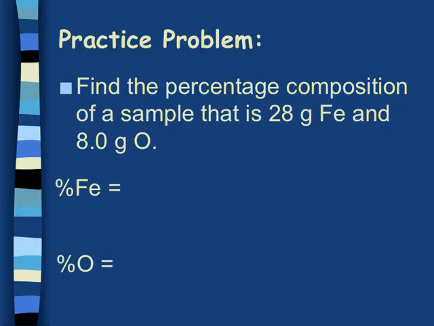I'm still using the same equation, right? If I want percent of iron, I'm going to use the mass of the iron divided by what? The mass of total. So what is the mass of iron? 28. What's the mass total? 36. I add them up. 28 plus 8. It's 36 grams. Times by 100, and what do I get?